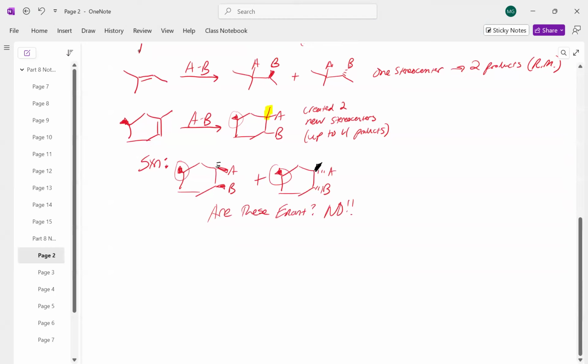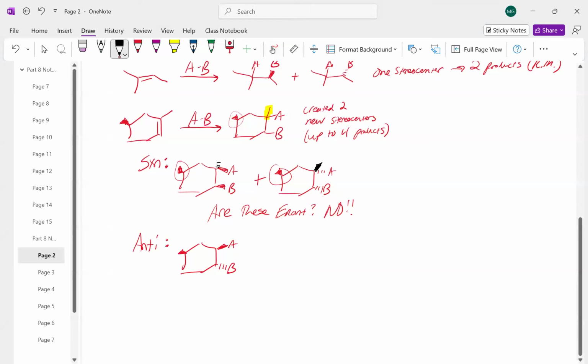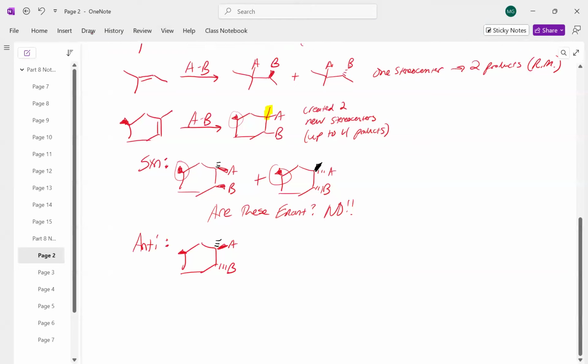Now, what does this look like for anti? If this is an anti addition, then that means the A could be up and the B could be down. And if A is up, then this methyl group would have gotten pushed down.